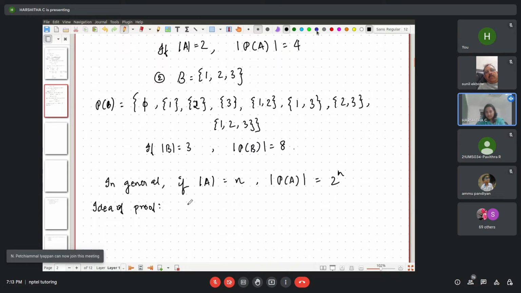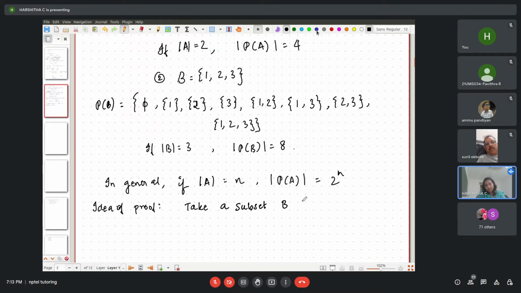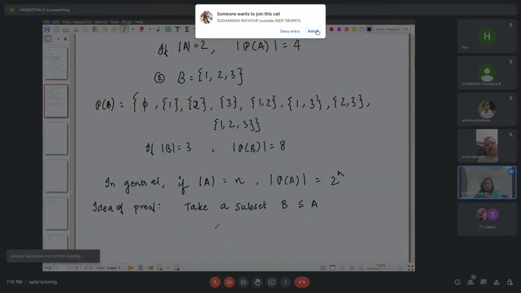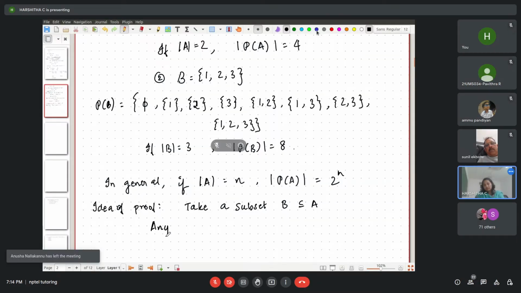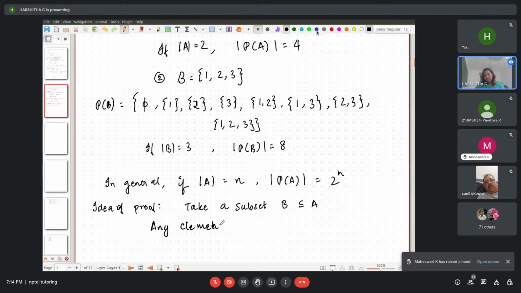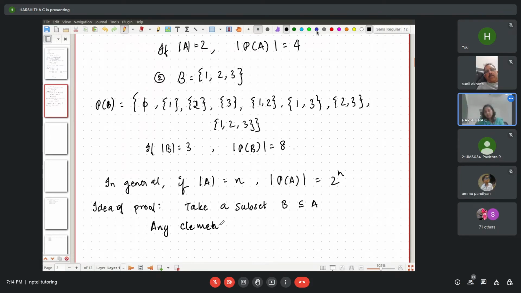So you take any subset B of A. What are the possibilities? Every element a of A is either in B or it is not in B, right?